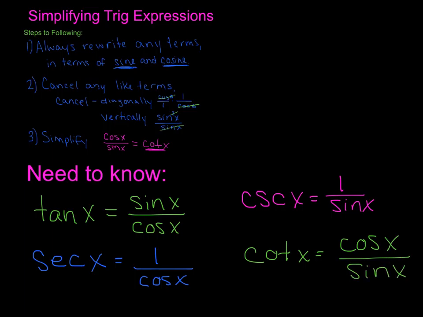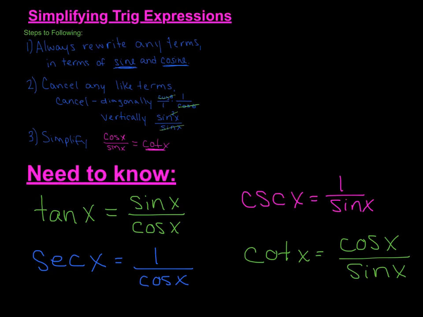Whenever you're simplifying functions, I know that secant and cosecant are reciprocals of sine and cosine. And you always want everything in terms of sine and cosine, so those two are easy.